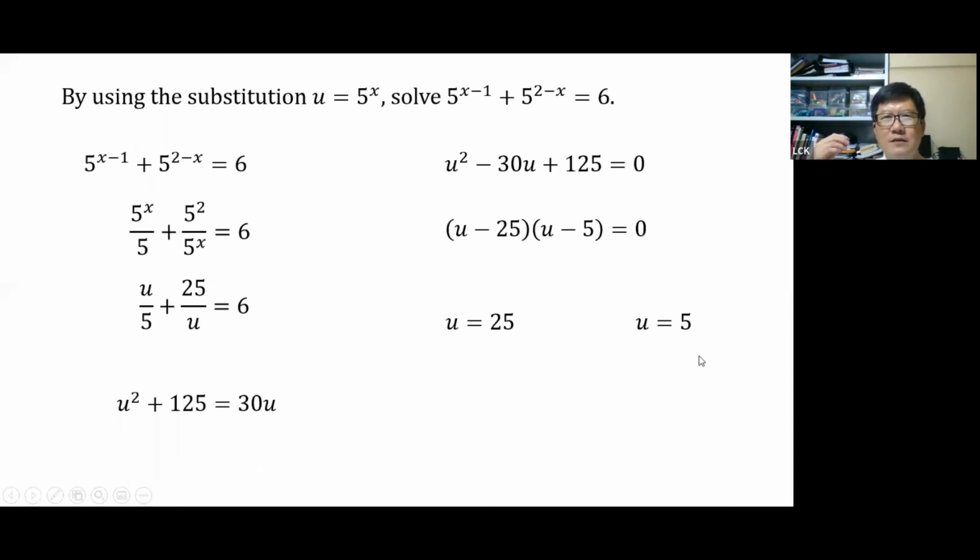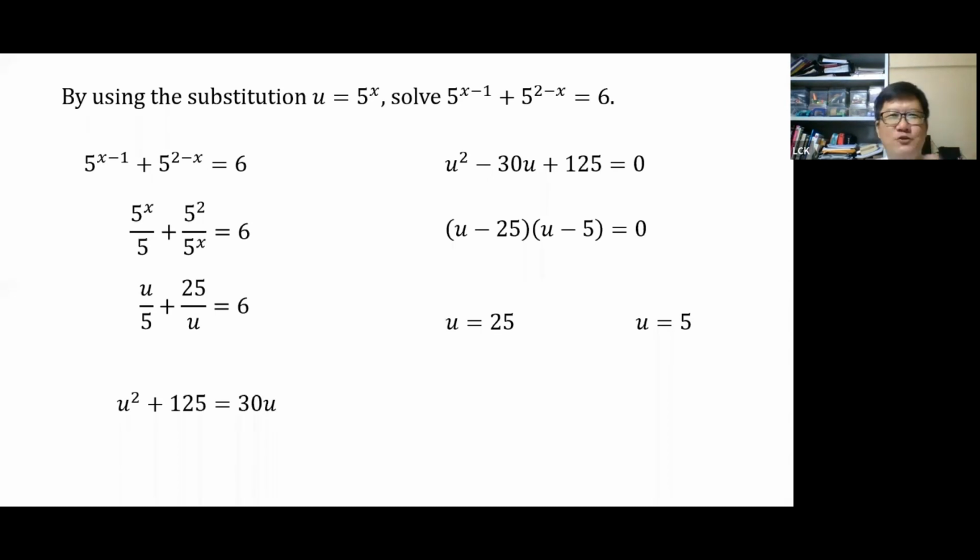But the question doesn't say solve for the value of u, it says solve this. And when the question says solve this, what it means is solve for the value of x. U is something like an intermediate value. It's like a transit point. It's like going from Singapore to London, but transiting in Dubai or in Doha.